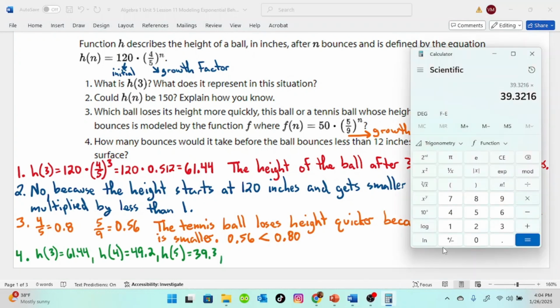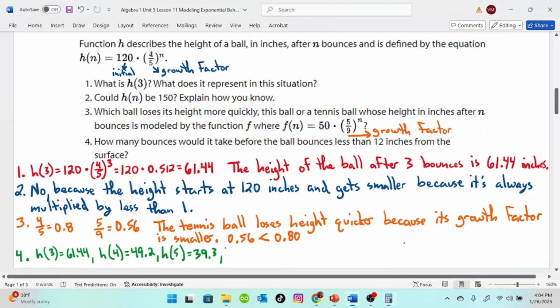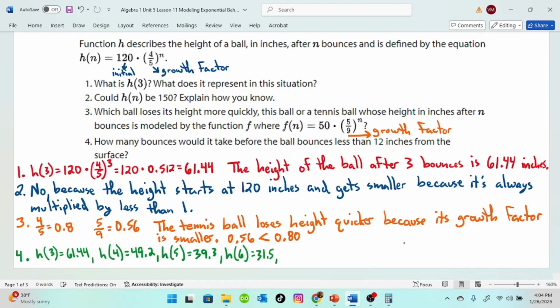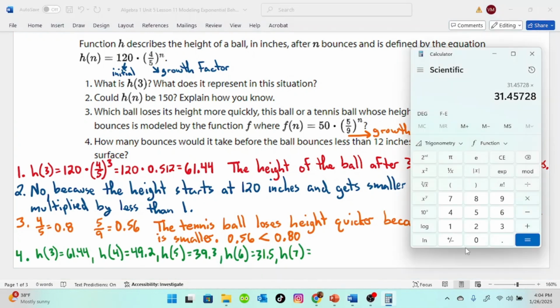Let's try a 6th bounce. Multiply by 0.8. We're down to 31.5. So let's go for a 7th bounce. We're down to 25.2.